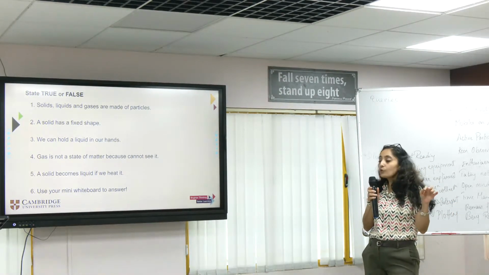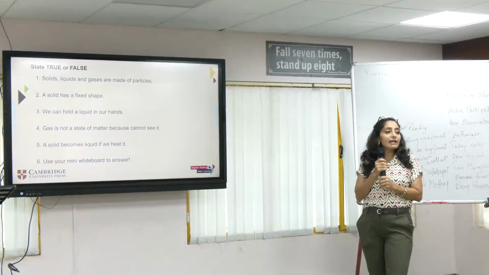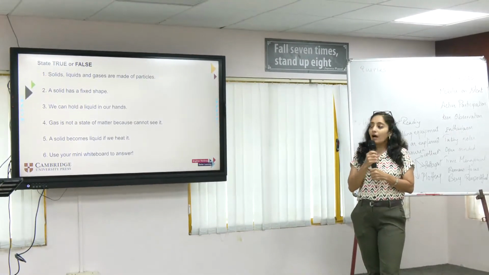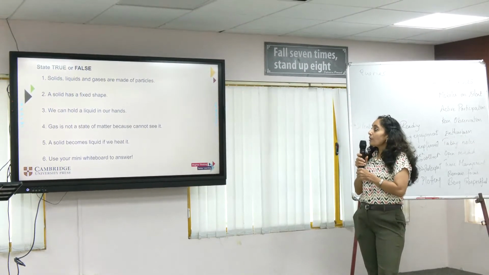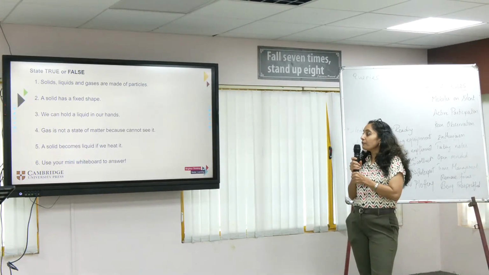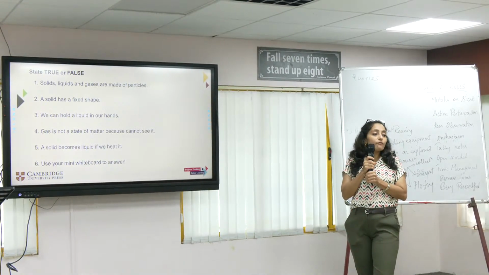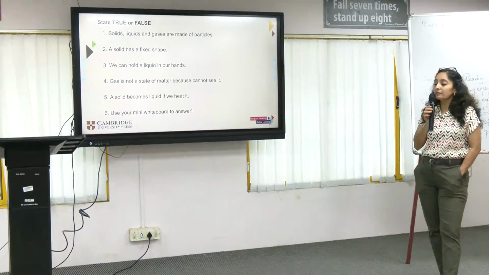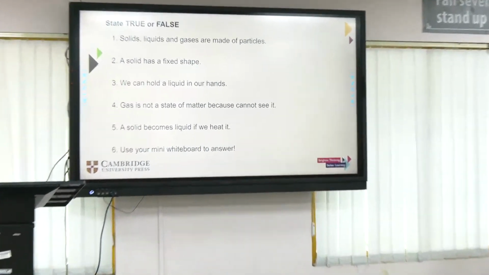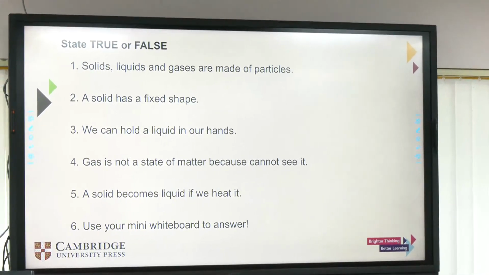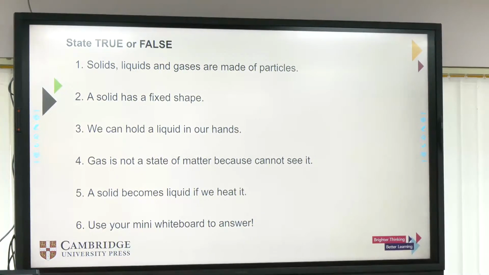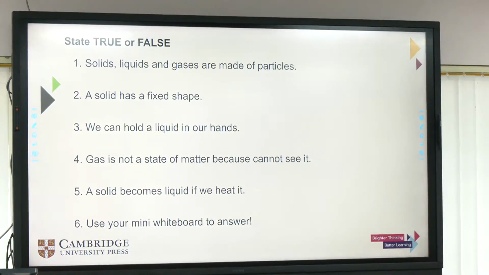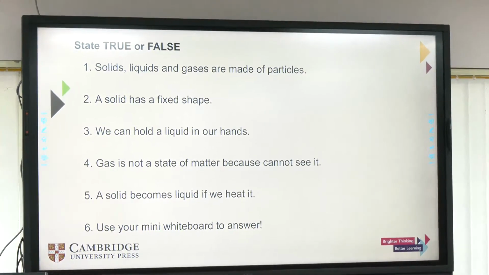So you have to use your mini whiteboards. I want everyone's mini whiteboards handy. And I want you all to write 1, 2, 3, 4, 5 and write true or false quickly. You have got only a minute to do it. You have to write true or false for all these 5 statements. In your mini whiteboards, big bold handwriting, and the other group members will see which is right and which is wrong.